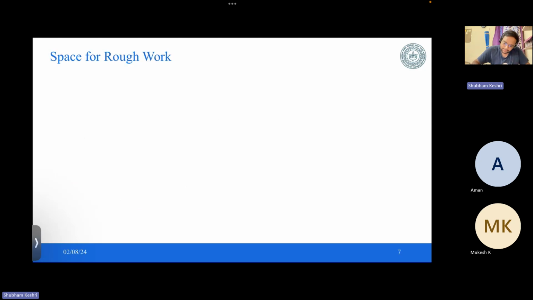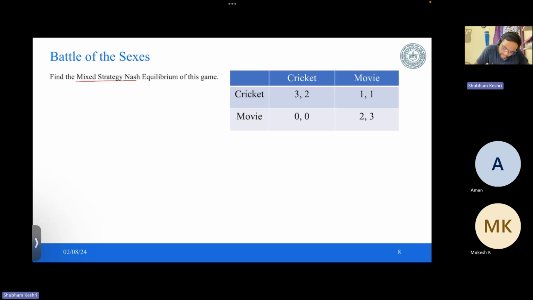So I have written what the Nash equilibrium is. You see over here, this is the boy and this is the girl, and the boy is playing cricket with a probability P and movie with 1 minus P, and similarly the girl is playing cricket with Q and movie with 1 minus Q. What are the steps? Always remember the steps.